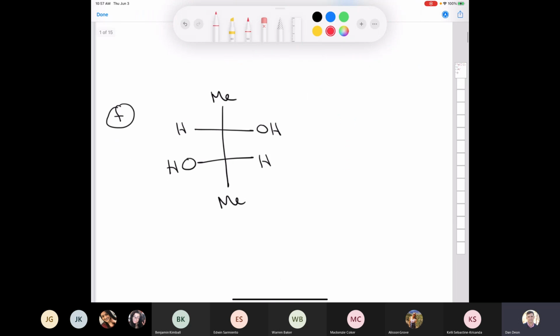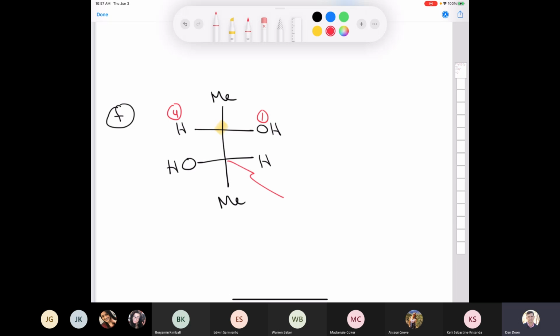Let's take a look at F. This is a Fischer projection. All right, so 5.39F. We'll start with this one that I'm highlighting in yellow. At the top, we have the hydrogen, which is lowest priority. We have the oxygen, which is highest priority.